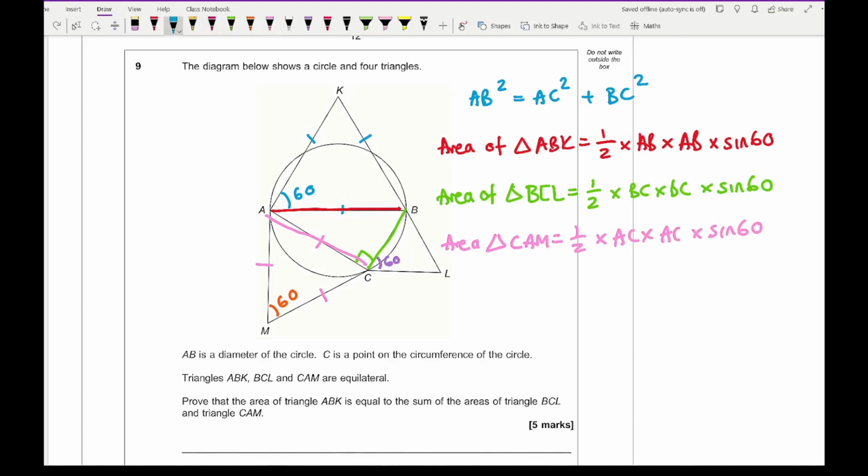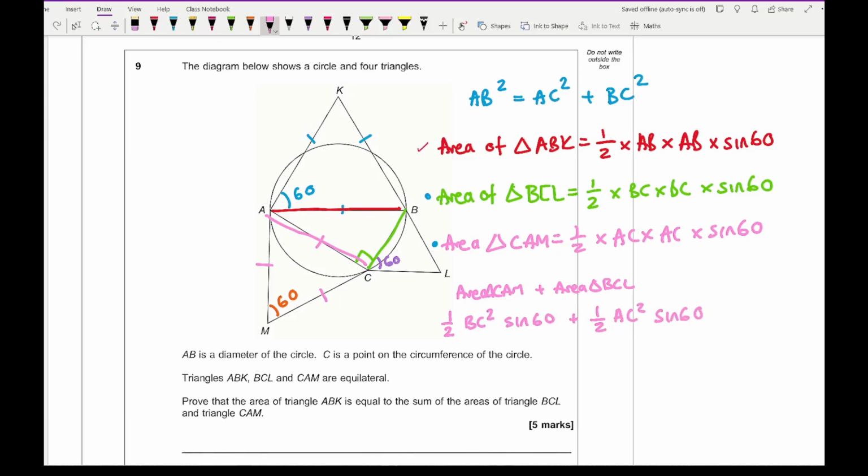Now what I want to show is that if I add these two things together, it's going to equal the top line. So if I've then got the area of CAM plus the area of triangle BCL, then what that equals is a half BC squared times sine 60 plus a half AC squared sine 60.